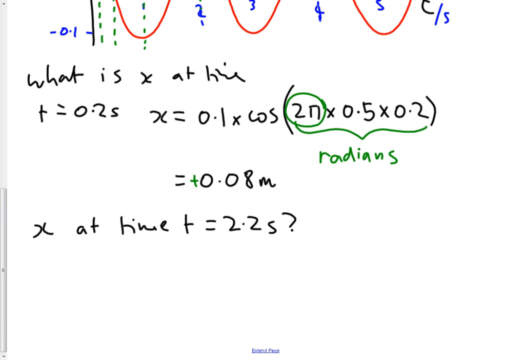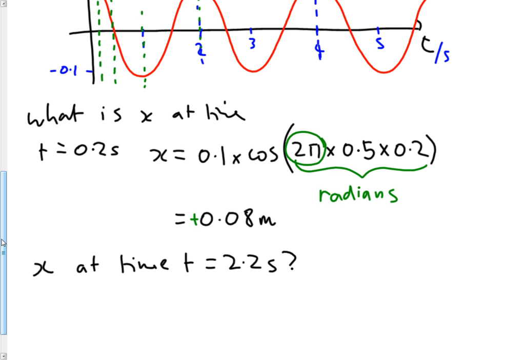Okay, hopefully you have done it. I am not going to put that into my calculator because I'm hoping that it's going to be the same answer as this. And if it's not, put a comment in the comments and I'll sort out what's gone wrong.